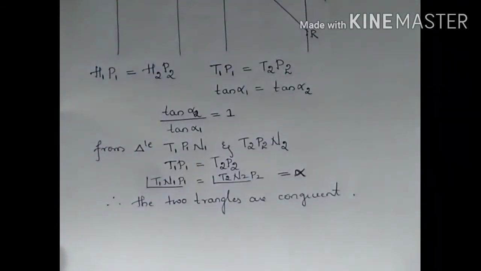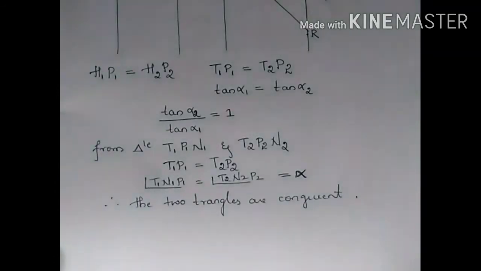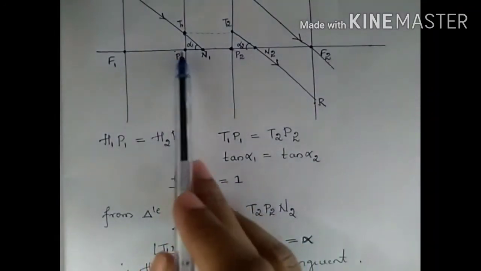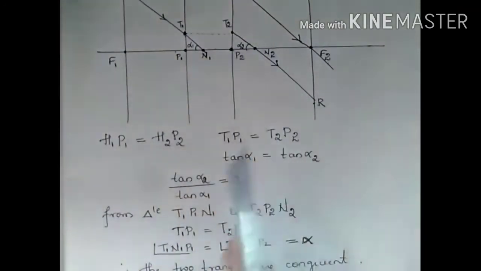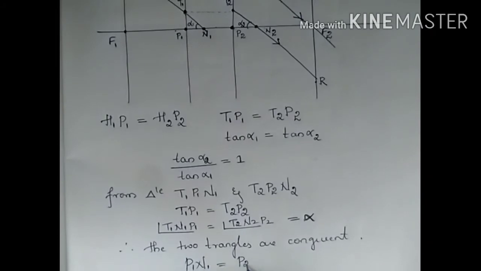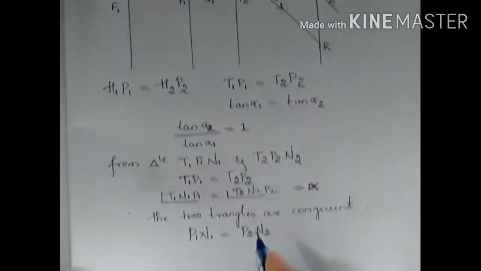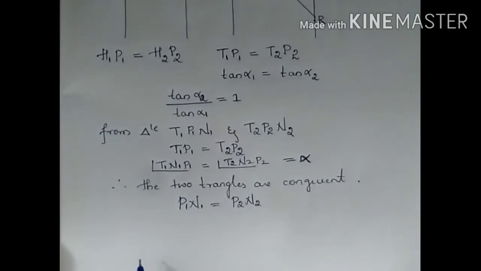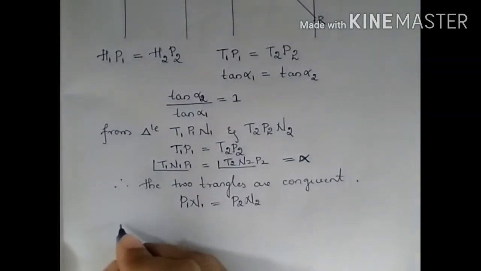Now from the diagram again, P1 N1 is equals to P2 N2. So if you see, P1 N1 is equals to P2 N2. So now let us add N1 P2 on both sides.